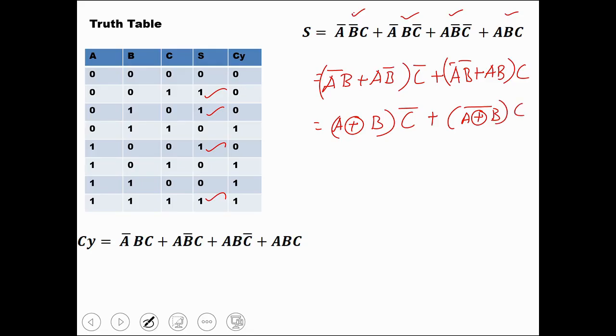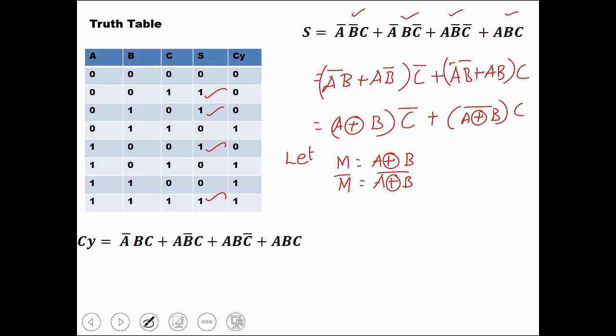If you assume this A XOR B as a single term, let M be equal to A XOR B. So if you take the complement of M, it is equal to A XOR B, the whole bar.